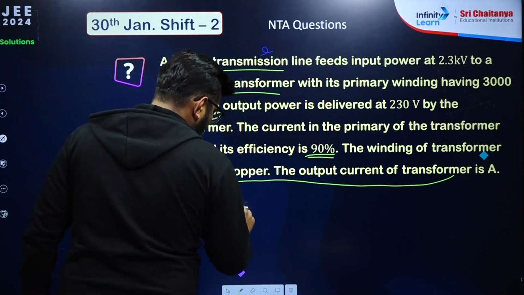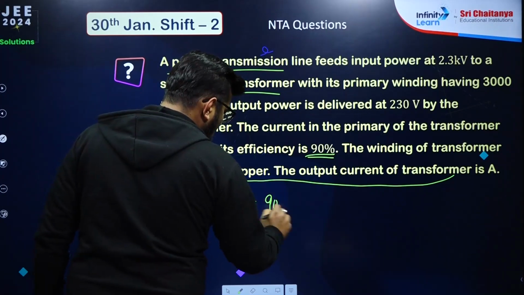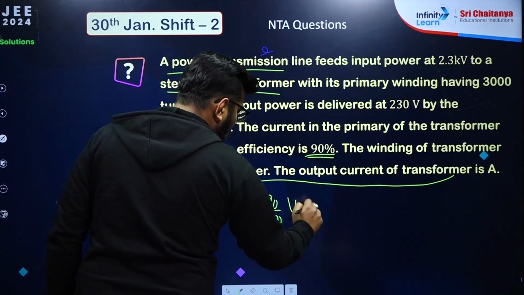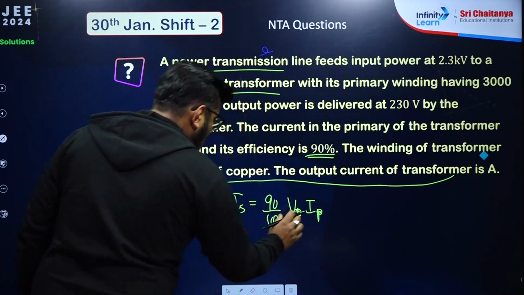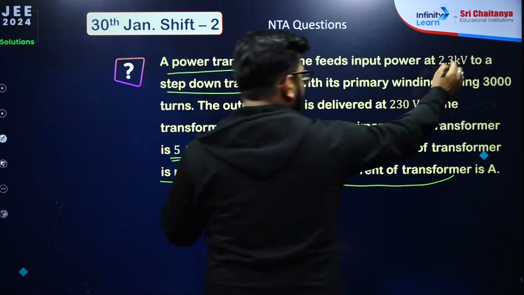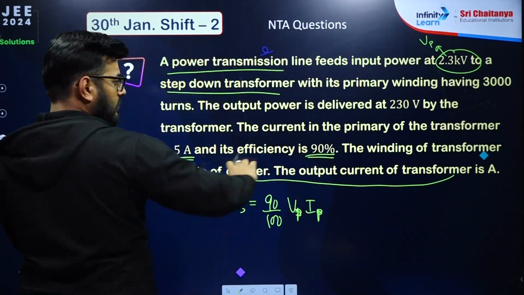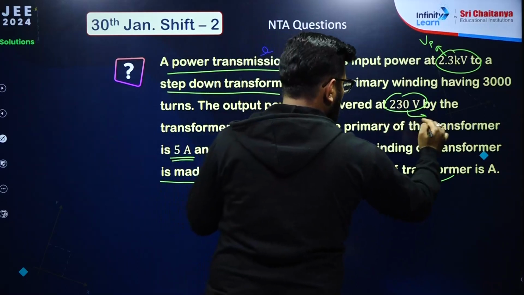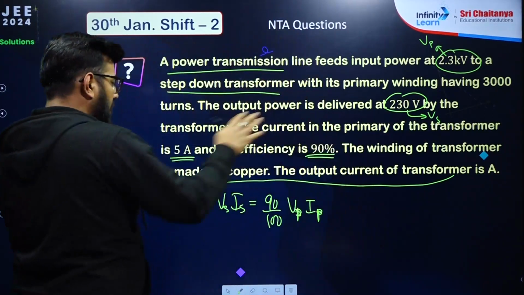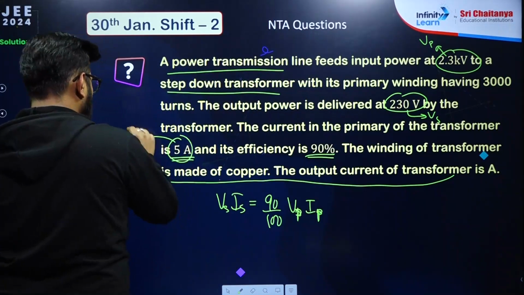Vs into Is is just equal to 90% of Vp into Ip, that means of the primary coil. This is your Vp, the primary coil. Vs is this. Another thing, the current in the primary of the transformer is 5 ampere. This is Ip.